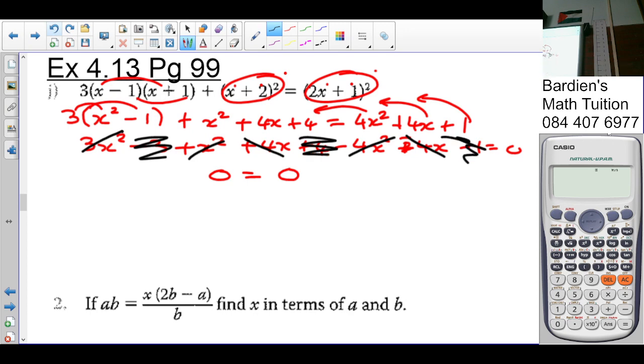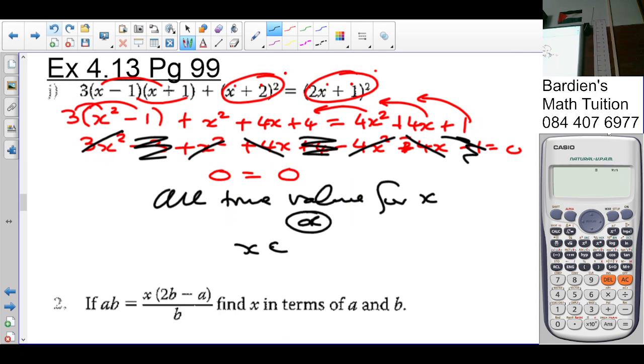People, if that is the case, I gave you a note to make when you were busy with equations. The note was, if 0 is equal to 0, or 6 equal to 6, or 12 is equal to 12, a number equal to a number, then all true values for x. Or you could have said that x is an element of real numbers. This is what we call an identity.